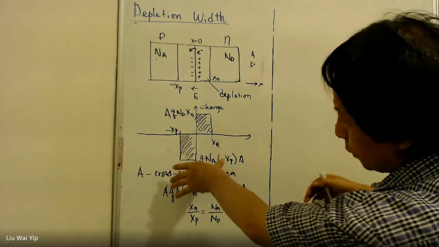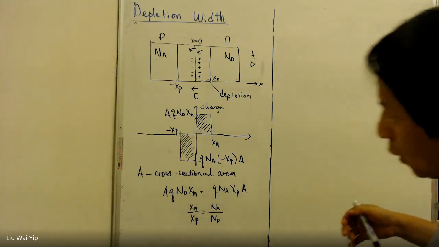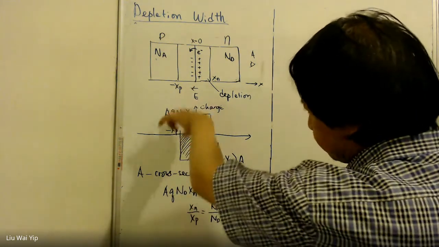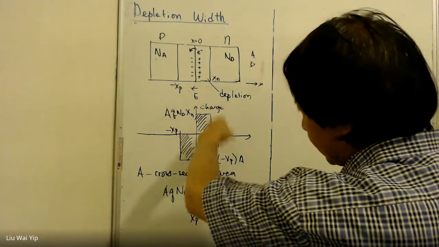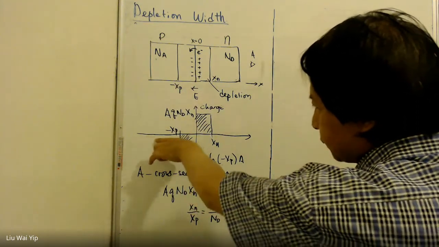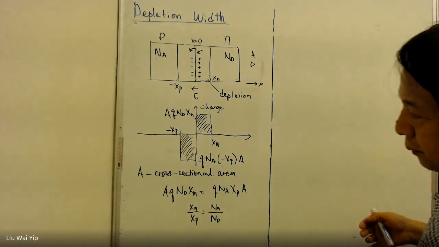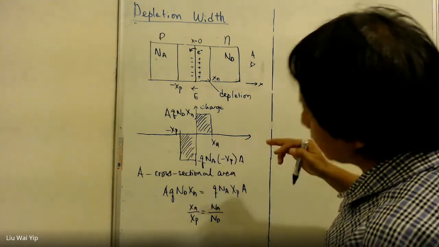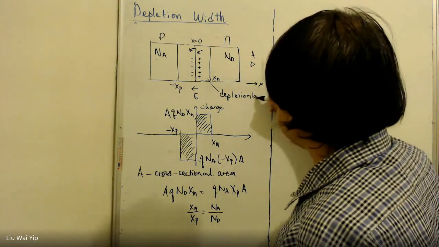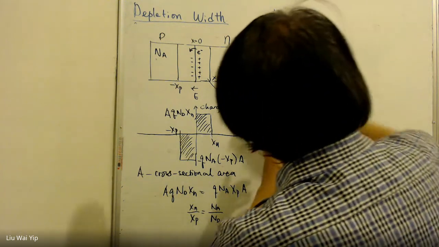In this case, you should be able to work out the electric field by Gauss's law. If we draw a Gaussian enclosure here, there should not be any electric field from here up to the boundary of the depletion layer.